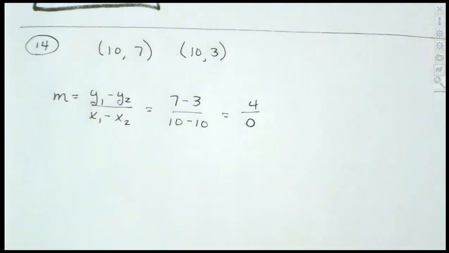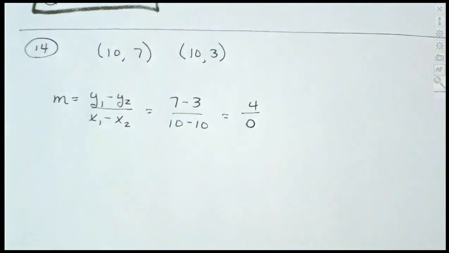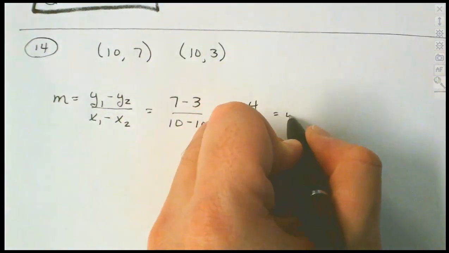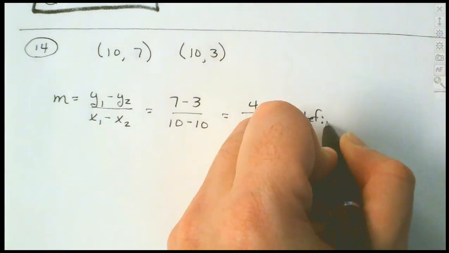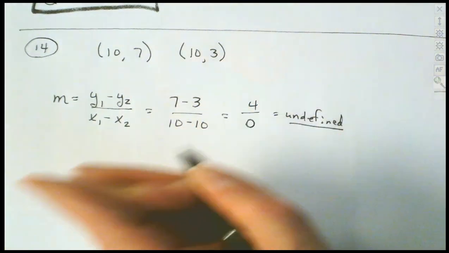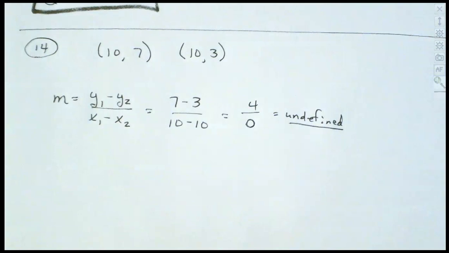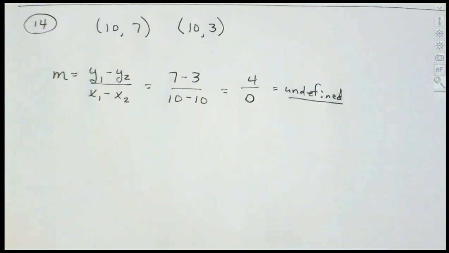And 4 over 0, or 4 divided by 0, is not 0. This is undefined. So we can't really use our point slope formula, can we? Right? Because it's undefined. And we need to think about when we talk about an undefined slope, what is that? Well, we've got an undefined slope, so we can't use our formula.